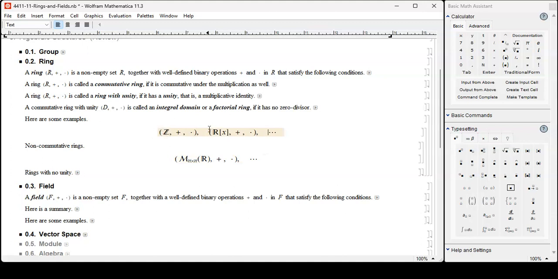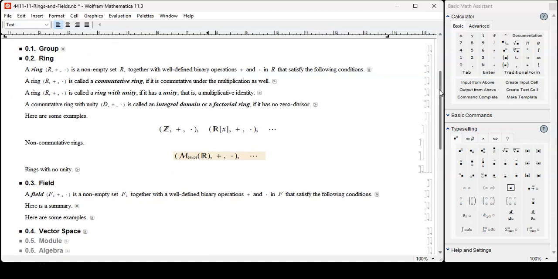Here we have 1 as a constant polynomial. Here we have I, the identity matrix. They're all unities. Rings with no unity. Can you think of that? Well, stop the playback and think of those. It's not easy. Well, okay, all right. Have you thought of something?